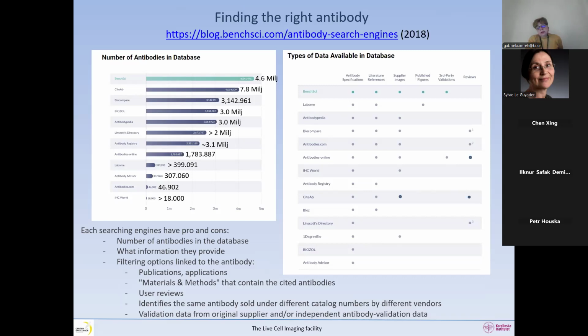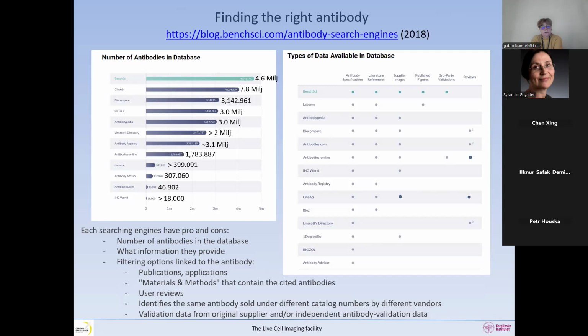Some of them have direct links to publications and applications. Some even display the materials and methods where a certain antibody was used. Others also include user reviews.